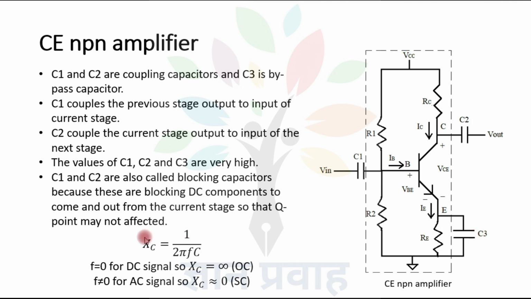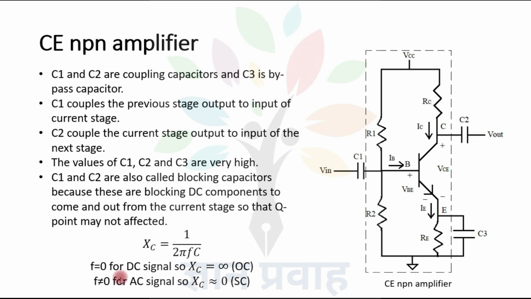Because reactance of capacitor is Xc equal to 1 upon 2 pi f C, and for DC signal frequency component is 0. It means Xc equal to 1 upon 0 and it is showing infinity. So when reactance is infinity, it is simply open circuit or simply cut off the input and output signals from this DC biasing circuit.